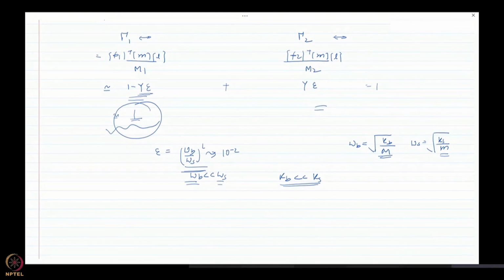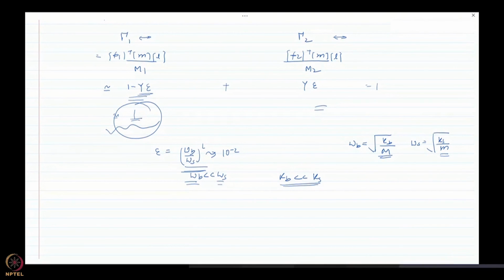Typically, based on observation, anybody who has designed or come across a lot of structures would know that for building structures the period is typically between 0.2 second and 0.8 or 1 second. Now, for a base isolated structure, we just want to ensure that it is spaced apart from that period.